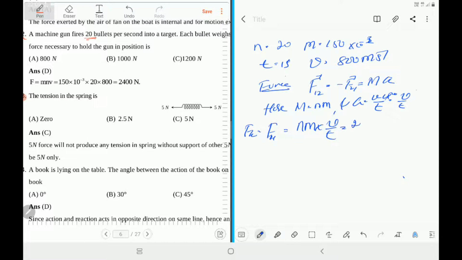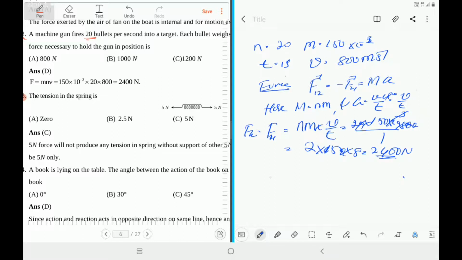Number of bullets 20, into mass 150 times 10 power minus 3, into velocity 800 divided by 1 second. How do you do the simplification? 800 has 2 zeros and the 20 has 1 zero, gone, right? So you are left with 2 times 150 times 8. So 300 times 8 is 2400 Newton, the force exerted by the bullets in the backward direction. That much force you have to apply to hold it in position.